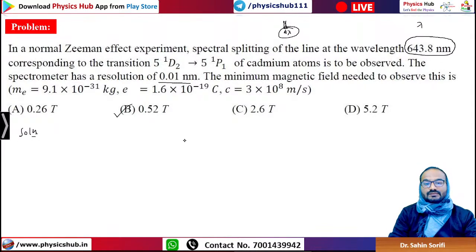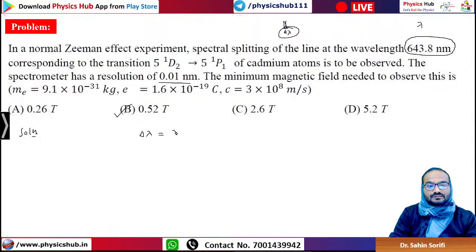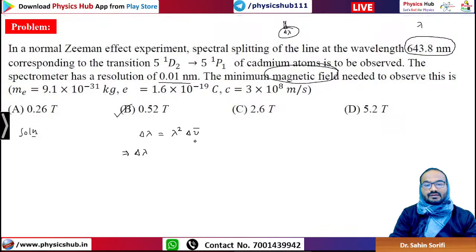So we know the formula: delta lambda is equal to lambda square delta nu bar. Now lambda and delta lambda are given to you. So delta nu bar, just put the values. We need to calculate B, the minimum magnetic field.